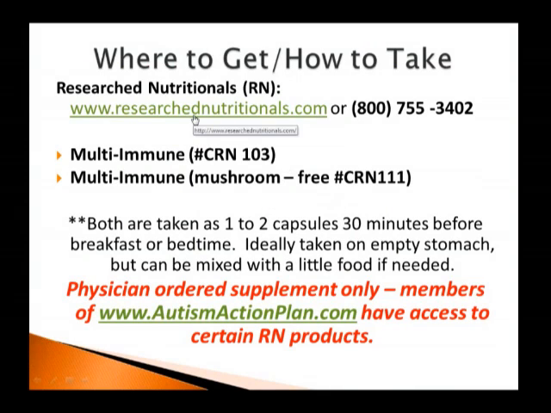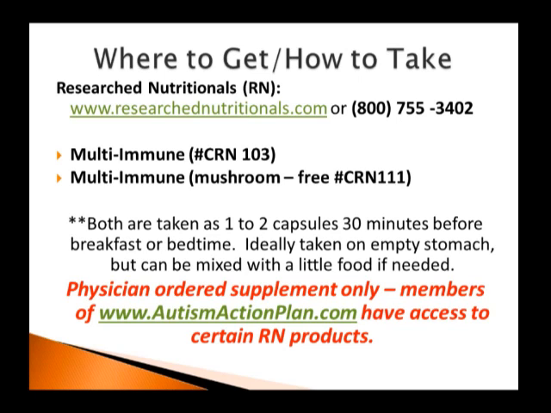Here's their website. Now, this is something that is not sold directly to the public. They do need to have a physician code. Again, people who are members of my action plan site can have access to this. I can't give that code out just through a lecture like this.